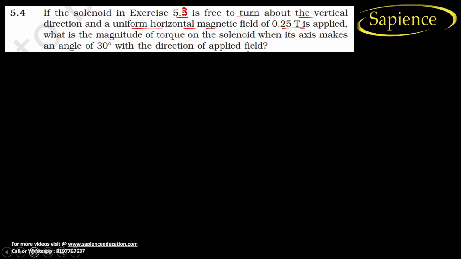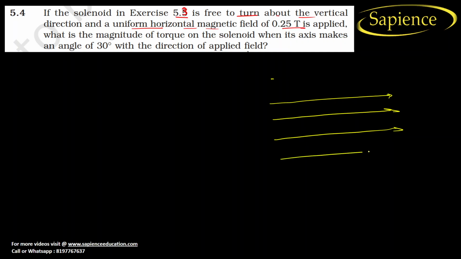First of all, you need to understand how to draw the magnetic field. Let us suppose this is the magnetic field, and the strength of the magnetic field they have provided us is 0.25 Tesla. This solenoid is free to turn about a vertical direction.